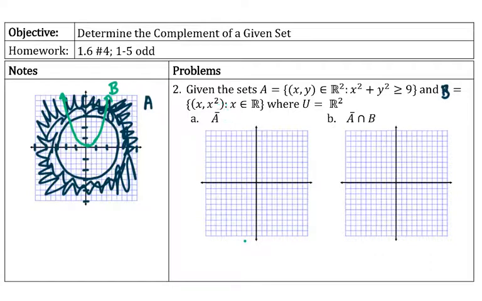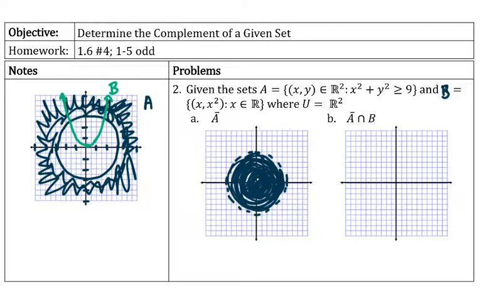Now, the complement of A would be everything that is not in this shaded region, i.e. what is inside the circle, and we take away the boundary. Remember, when we don't include the boundary of an inequality, we make it a dotted line, and then color in that whole center area. This would be the complement of A, where the universal set is the coordinate plane.